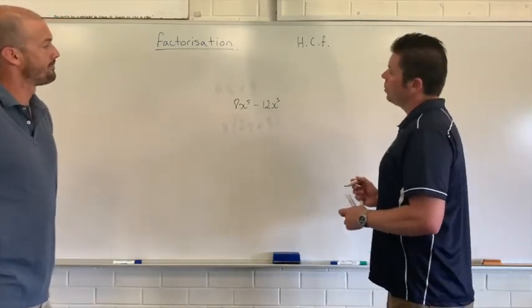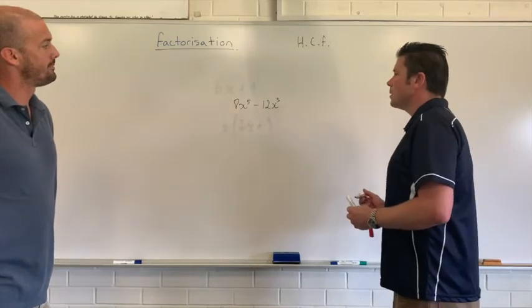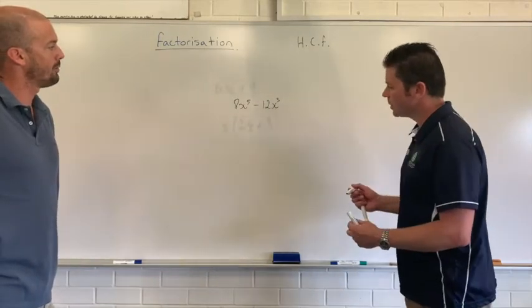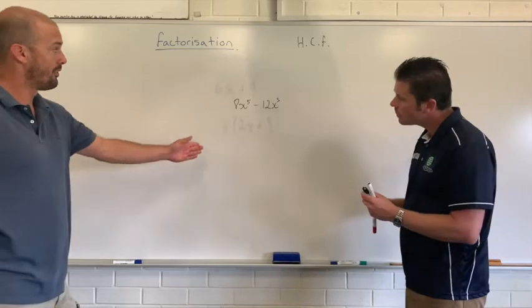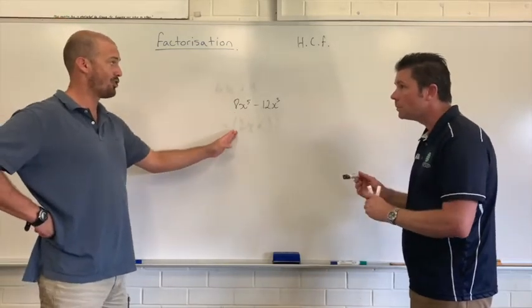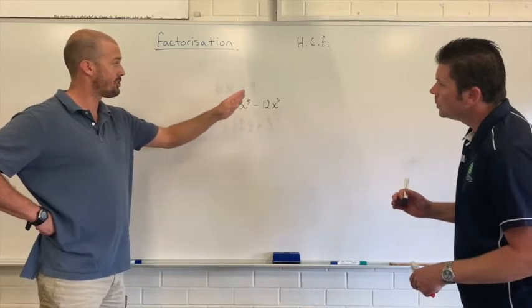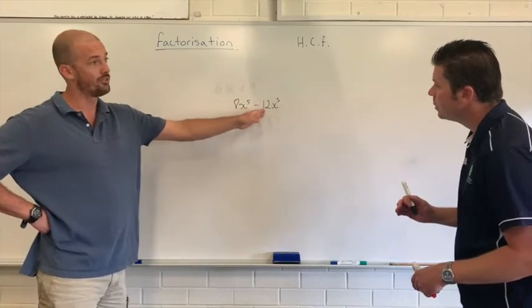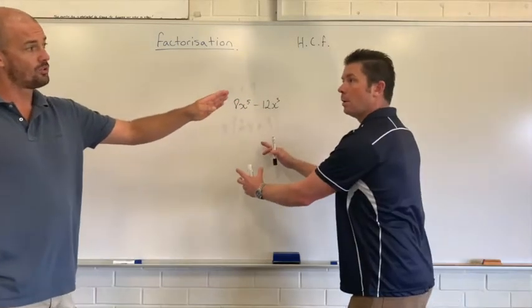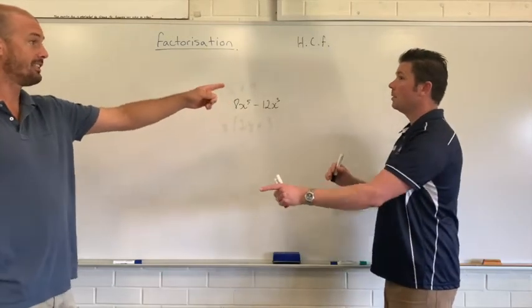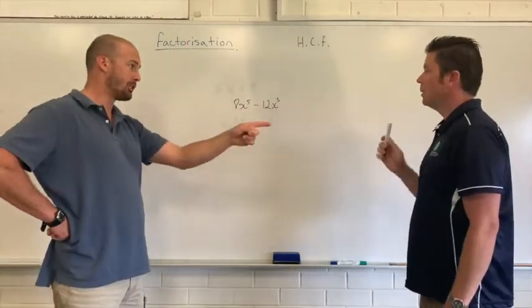What can we think of in terms of highest common factors with the numbers in front of us? I know 2: 2 times 4 is 8, and 2 times 6 is 12. That's a factor, but is it the biggest one we can find?